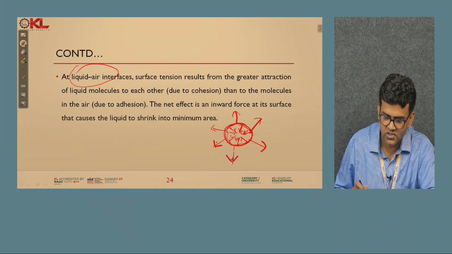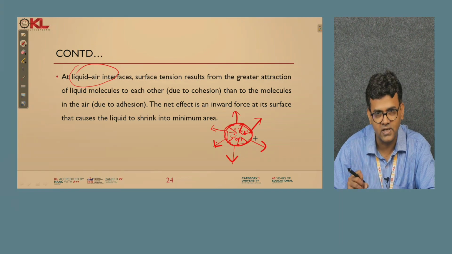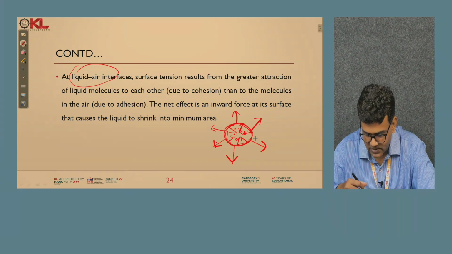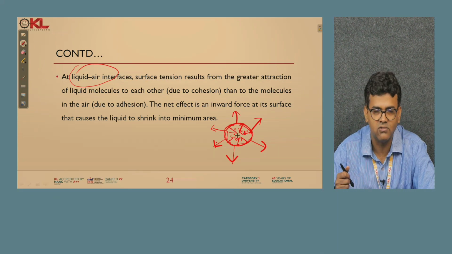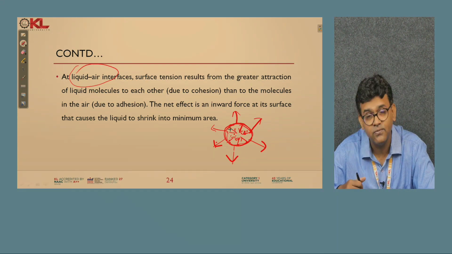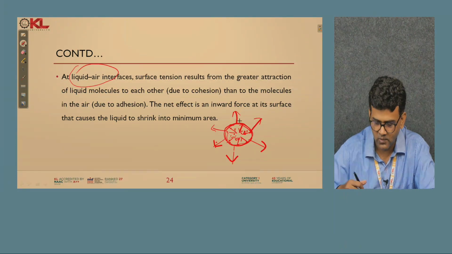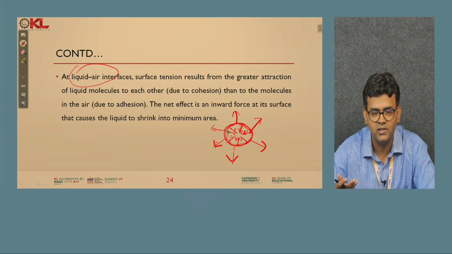If the outside forces were more dominant, then it would not be able to shrink, it would have a flat area. So it depends mostly on which force is more dominating, inside force or outside force. In general, inside force is more dominating, and because of that it makes the minimum possible area, and it takes a circular or nearly circular shape.